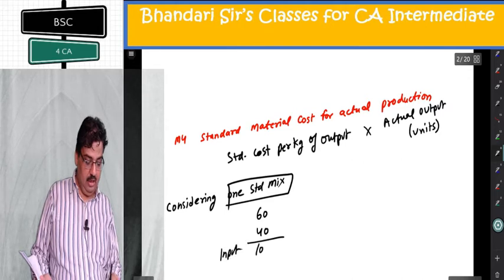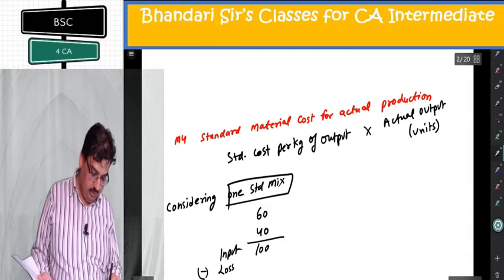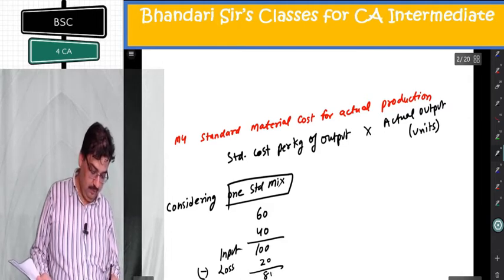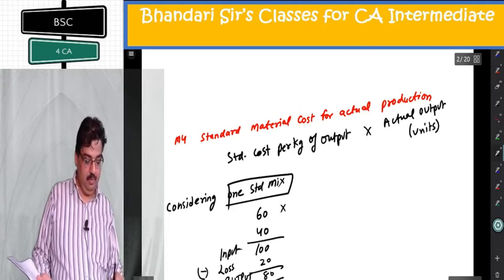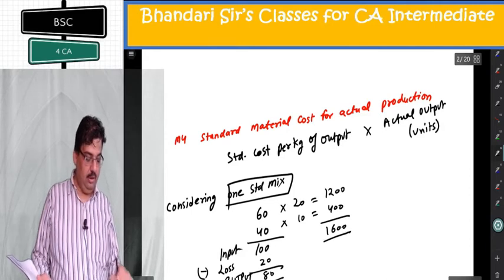Input is 100, minus loss 20, output is 80, multiplied by 20 and 10: 1200, 400, 1600.